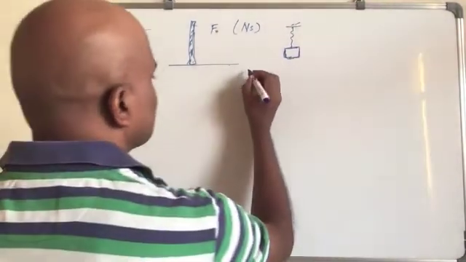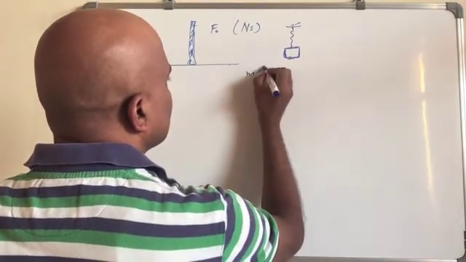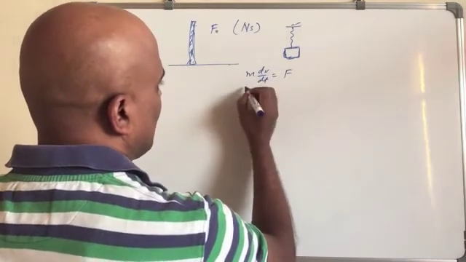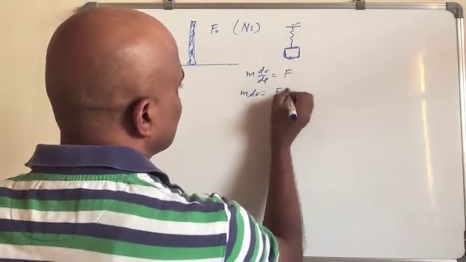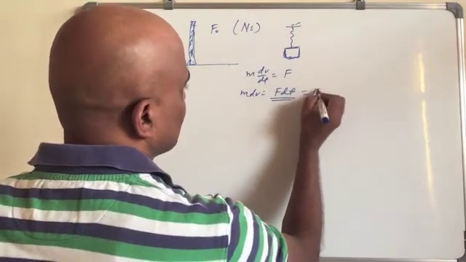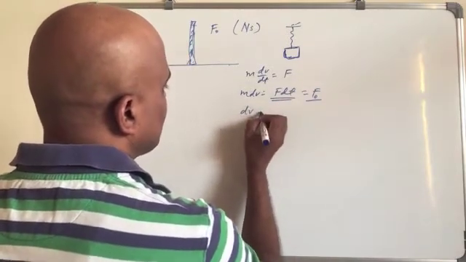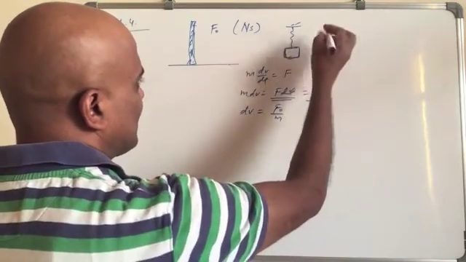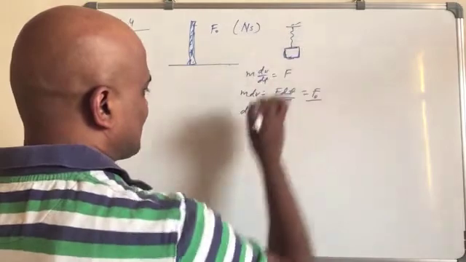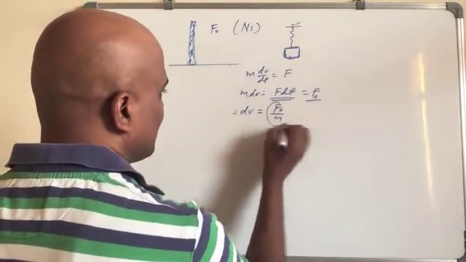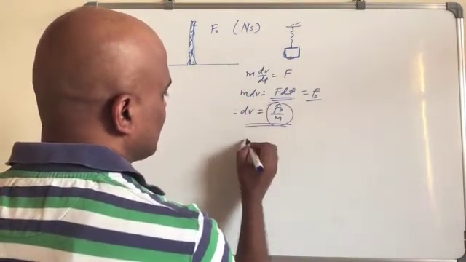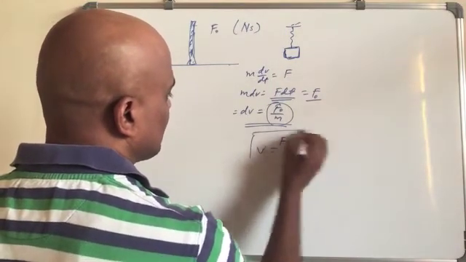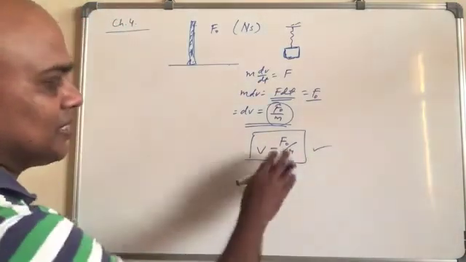And Newton's second law also says m dv over dt equals force, or simply m dv equals F dt, and this is nothing but F naught. Hence dv is the velocity F naught over m. Initially it is at rest, so this is the final velocity. The velocity gained just after application of the force will be v equal to F naught over m. So this is the answer.